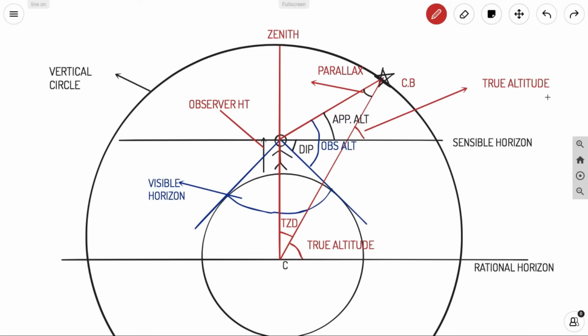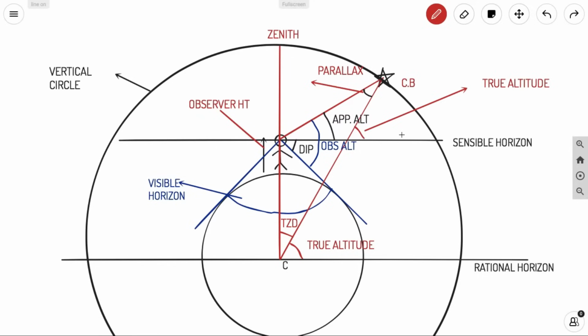Now we need to find true altitude. That is the basic thing we need to find. So from this triangle, this is an exterior angle, true altitude, that is the sum of two opposite interior angles, apparent altitude plus parallax will give you true altitude.